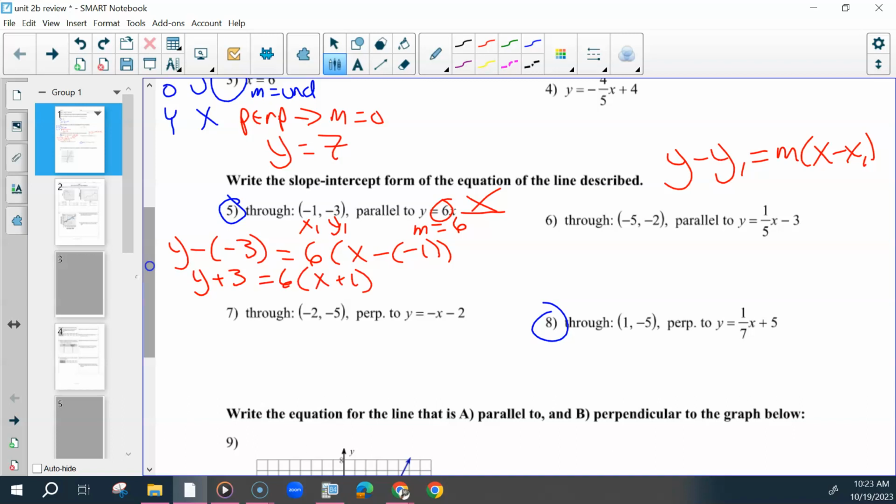Because if you distribute before you combine those, you might get the wrong answer depending on how you did it. Right, last step, how would we get y by itself? Subtract 3. Y equals 6x plus 3 would be an equation that is parallel to the original, has the same slope but a different y-intercept.